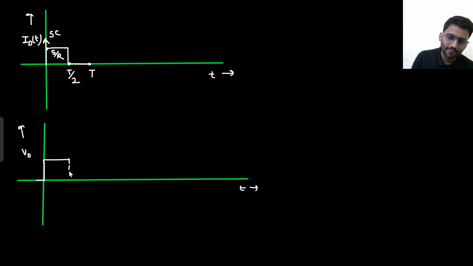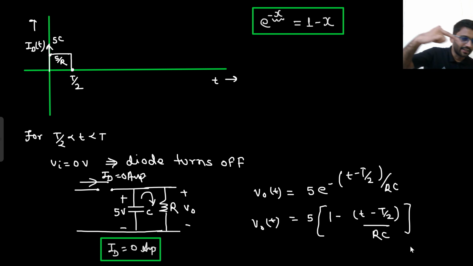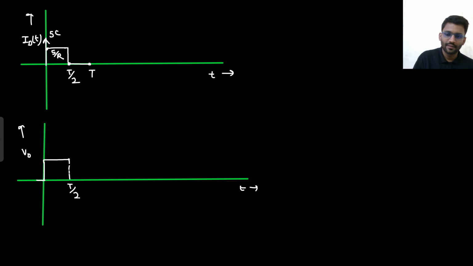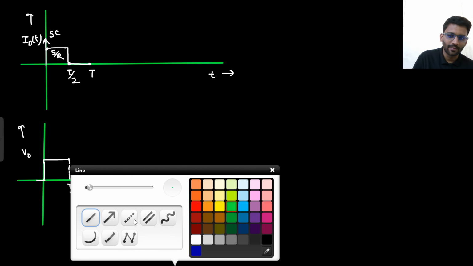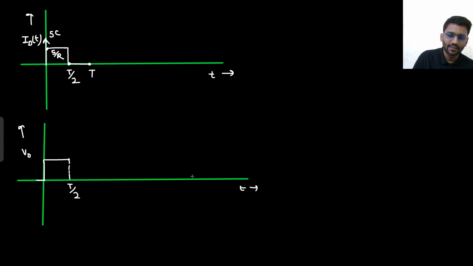This is time t by 2. Then it falls linearly. It falls very slowly actually, because although RC is very large, it falls linearly. This time is time t.